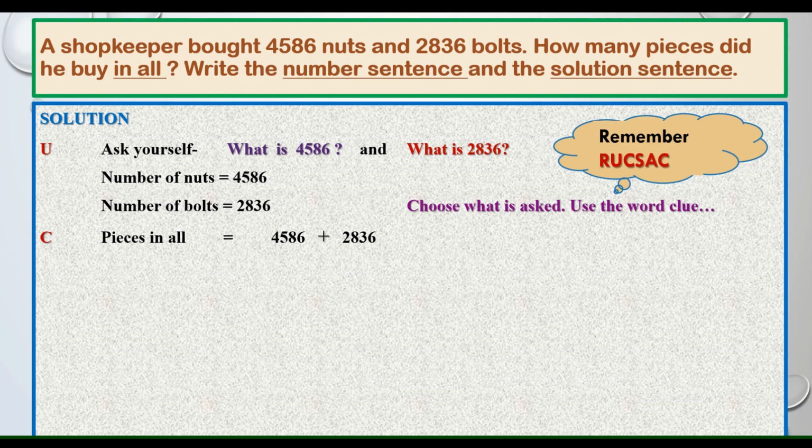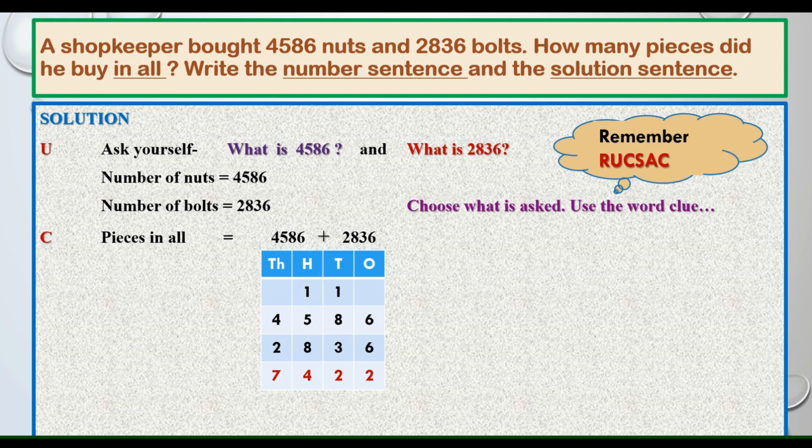Now according to Rakshak, the next step is to solve. To solve this, you need to arrange the numbers in columns, write the places on the top, arrange the addends in the columns and then perform addition. After finding the answer, your next step is to check the answer. So you have to check by inverse operation.